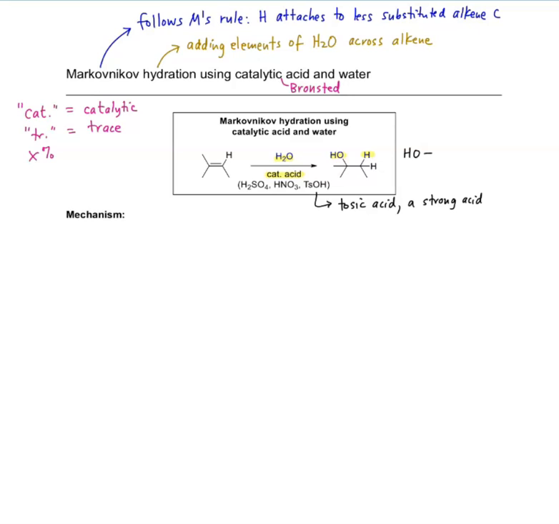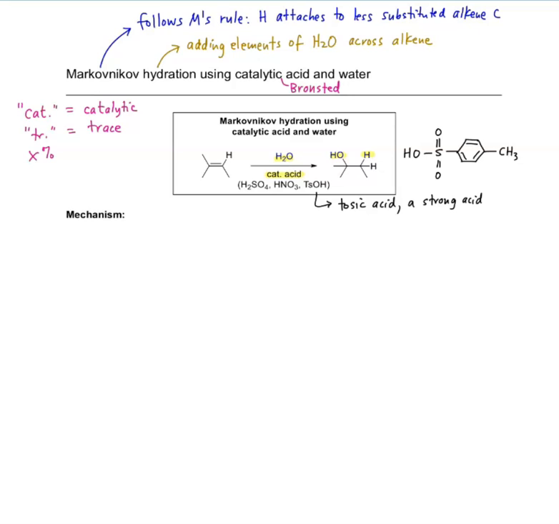The structure of tosic acid looks like this. So that's tosic acid. Tosic acid is a solid, and so it's very easy to use, and a lot of organic chemists will use it as a Bronsted acid catalyst.